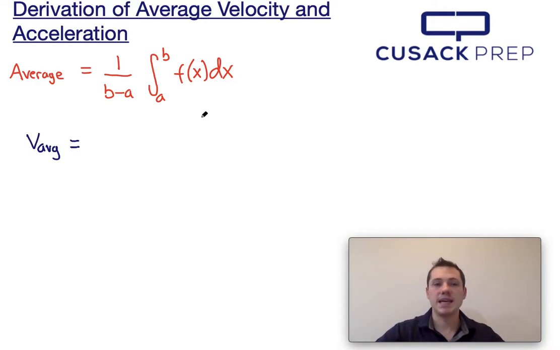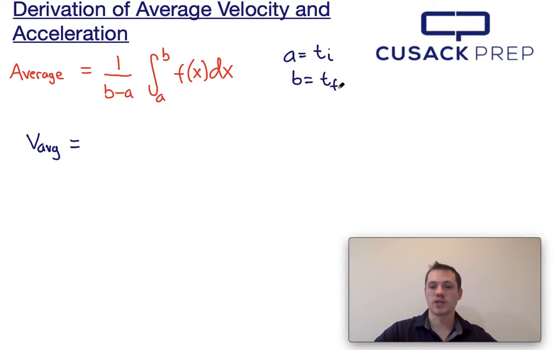And so this B and this A represent the bounds, where I'm going to let A, and that's not acceleration, be the initial time, and B is going to be the final time. So B and A represent the interval over which we're evaluating the velocity.